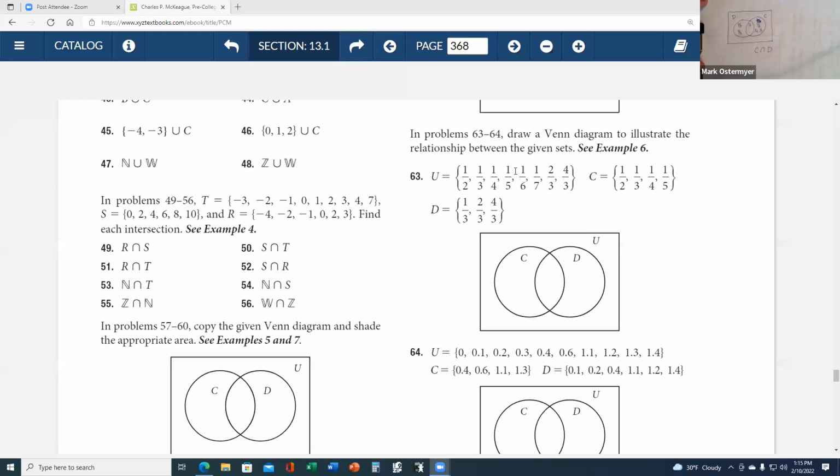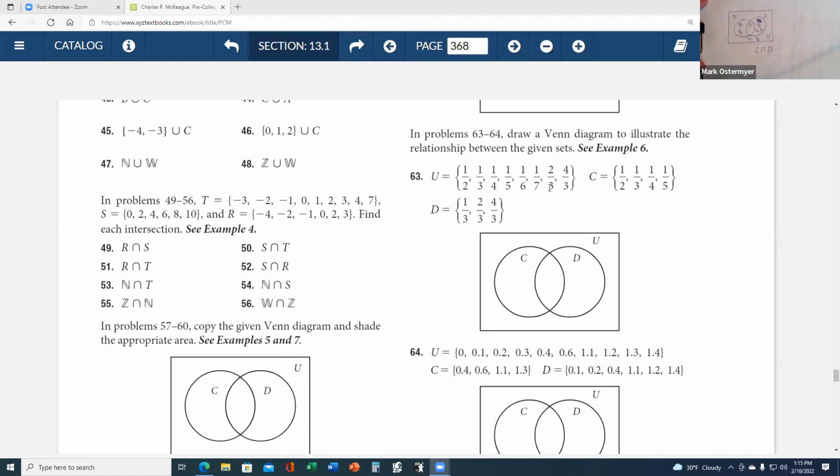We did not account for 1/6. So 1/6 has to be in the universal set, and yet not in set C or D. 1/7 is not found in set C or D, but it is in the universal set. So it has to be out here in the universal set somewhere out here.